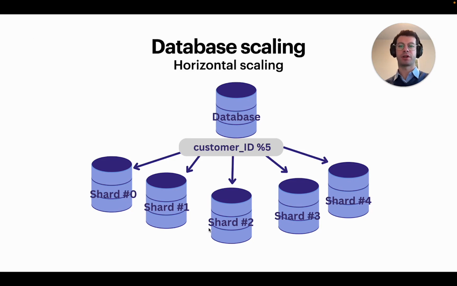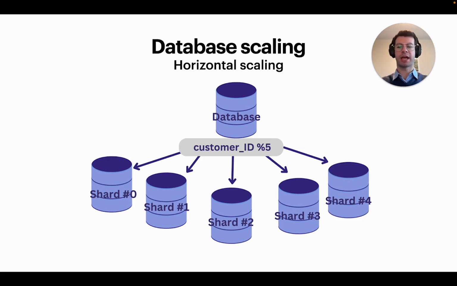We have a figure depicting how a shard could work. The customer data is allocated to the database according to the customer ID. Here we are using a very simple hash function. We take the customer ID and apply the modulo 5 operation to get our shard key.